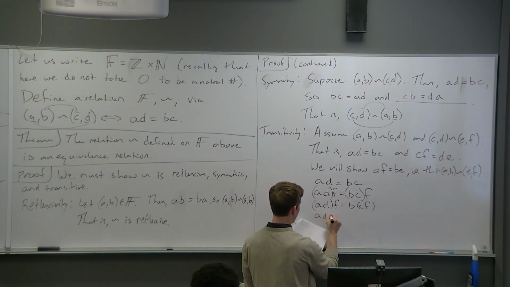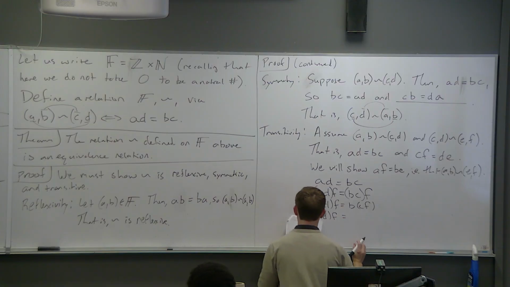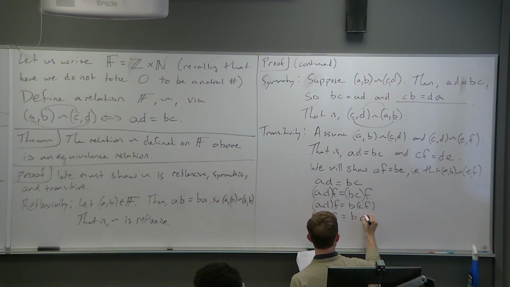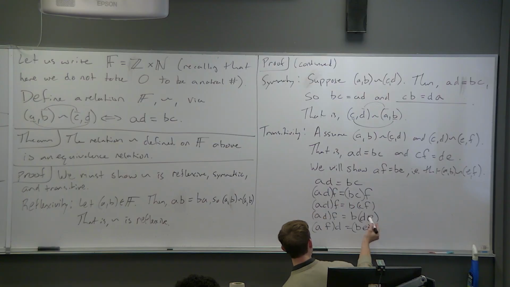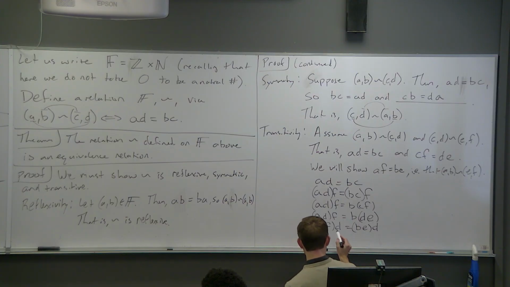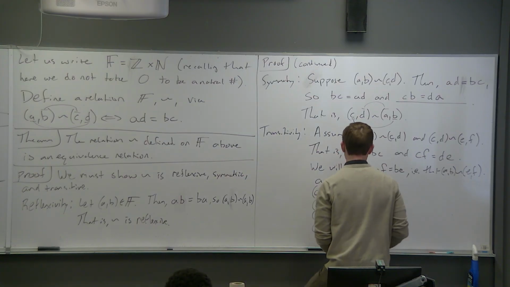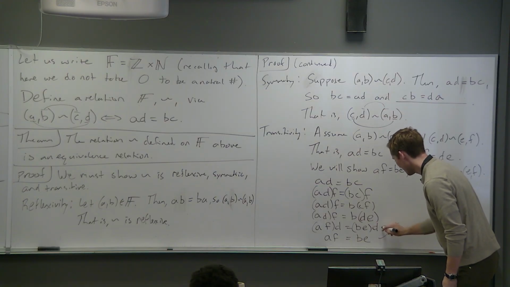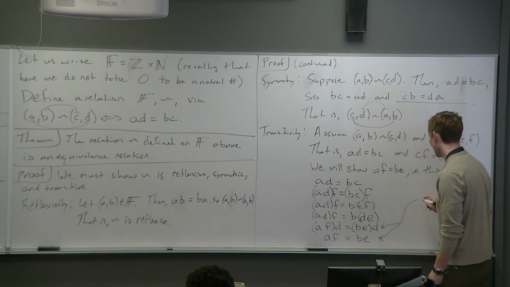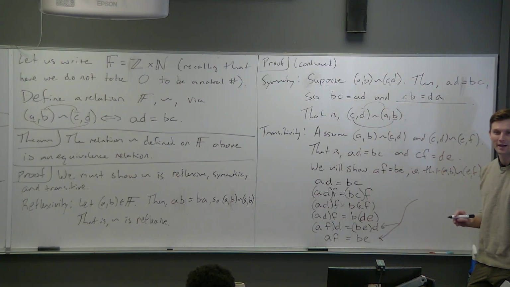And so this says ADF is equal to BDE. And this says that AFD is equal to BED, just moving around the order of multiplication a little bit. And hey, this says that AF equals BE. But the step between here and here, we should perhaps be a little bit careful on. What is the justification for this?